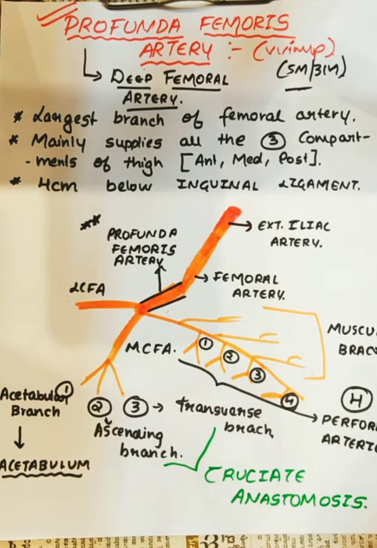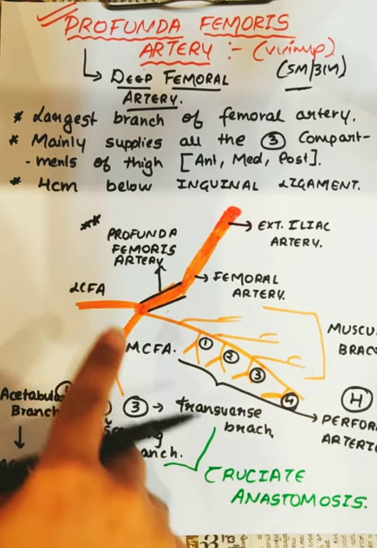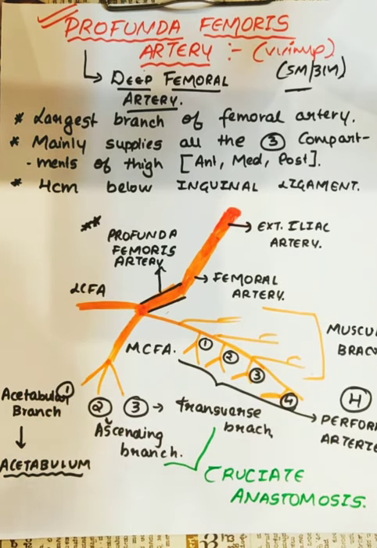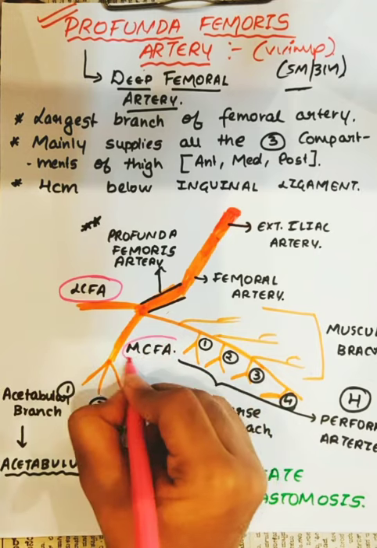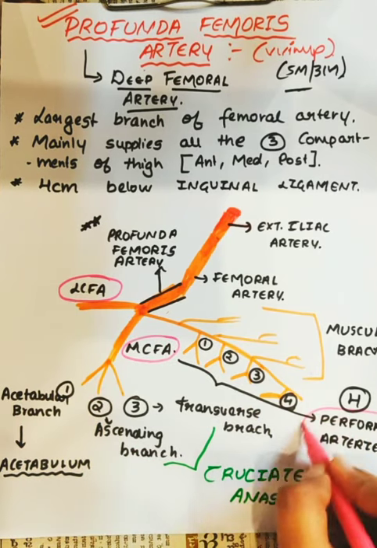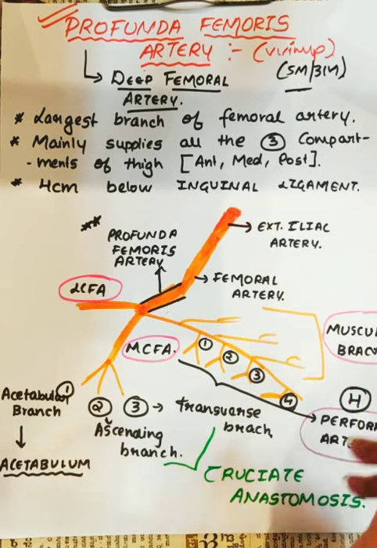So these were the parts of the profunda femoris artery. First one is LCFA, second one is MCFA, third one is the perforating arteries, which are 4 in number, and the fourth one is the muscular branch.